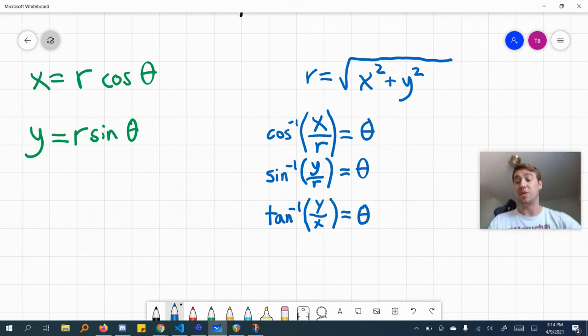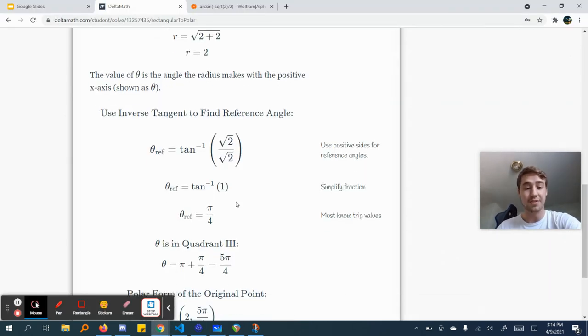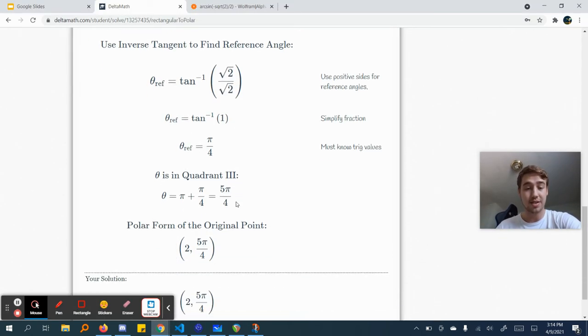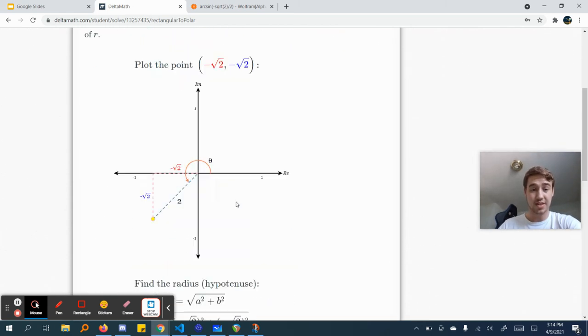But be careful that this is going to give you the reference angle and not the exact value of theta. So you need to take the reference and find that. Let me make sure that it is a y over x kind of deal.